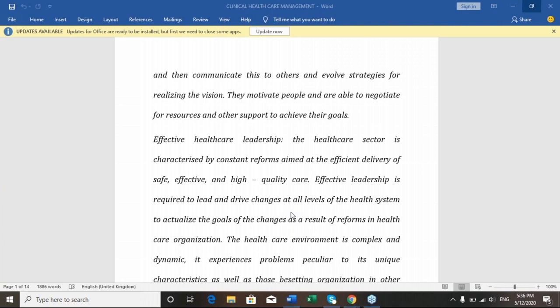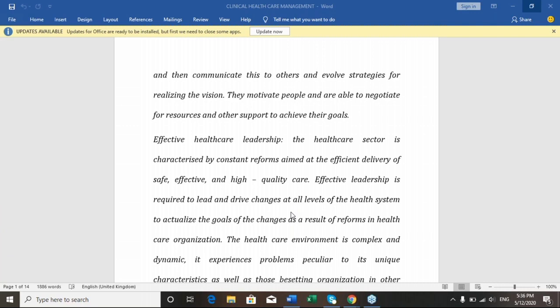So we also go to factors outside the healthcare environment, such as changing population demographics, economic factors, government policies, and advancement in medical and information technologies, which also exert profound influences on the health sector.